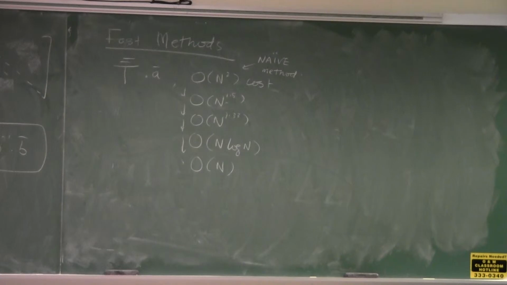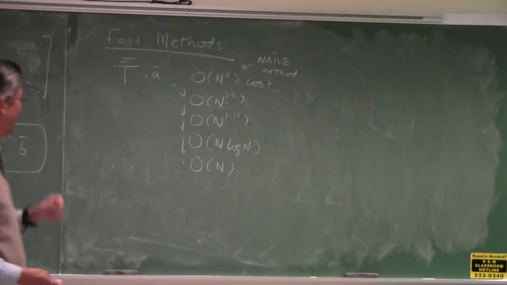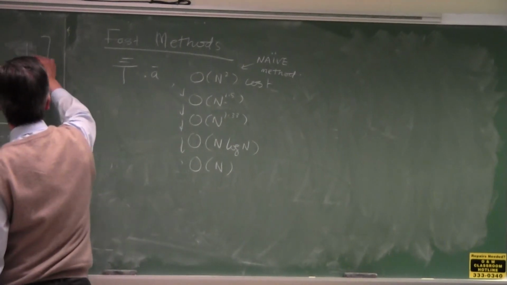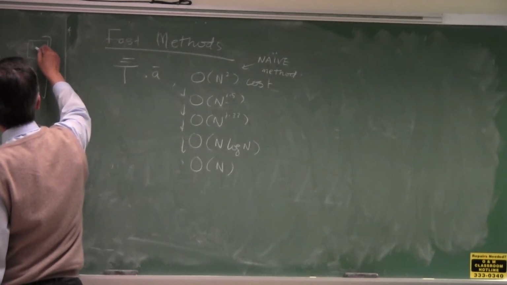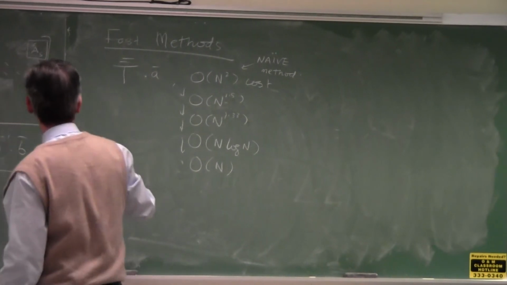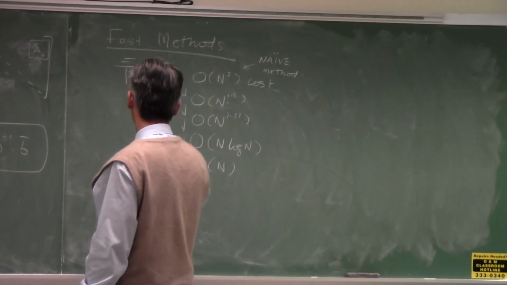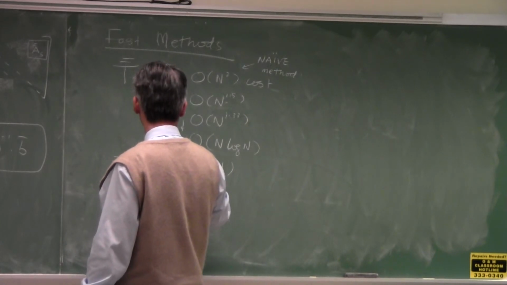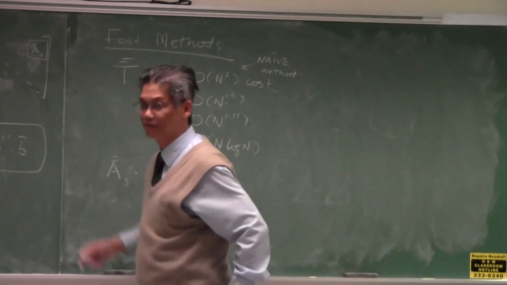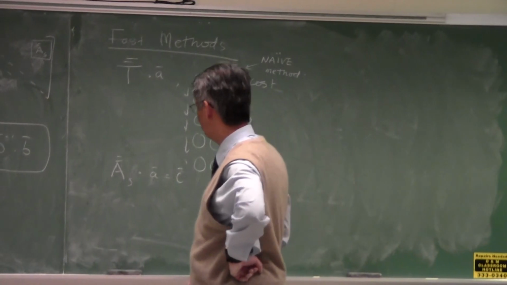So next lecture I will teach you how to do this matrix vector product fast, using clever methods. As a simple thing, the essence is that if you have a dense matrix over here, let's say a submatrix, dot A is equal to C. Essentially, how do I perform this matrix vector product fast?